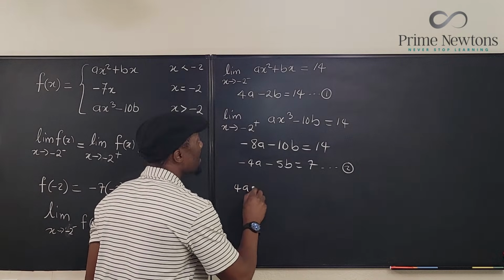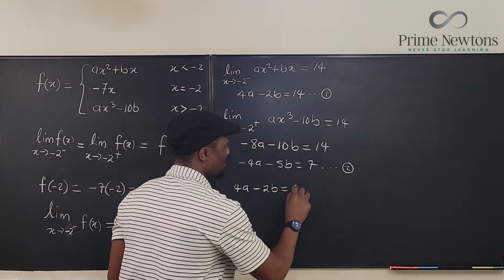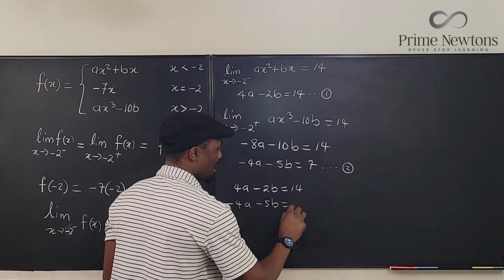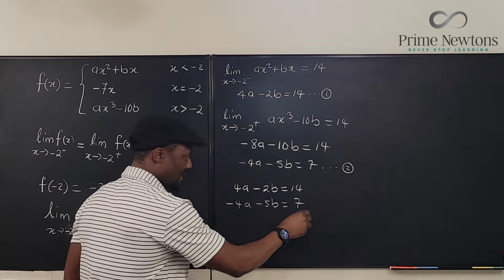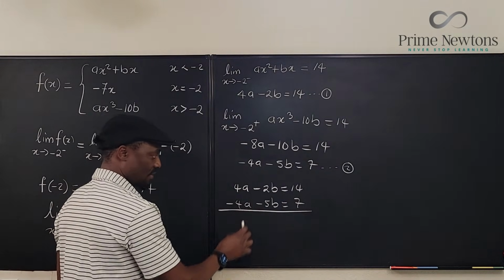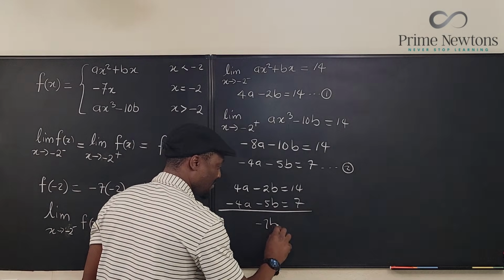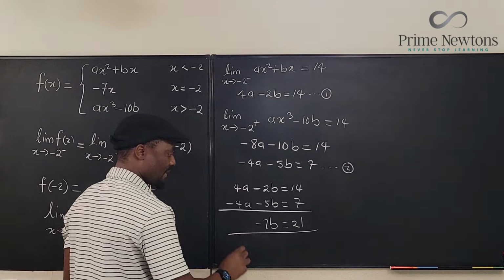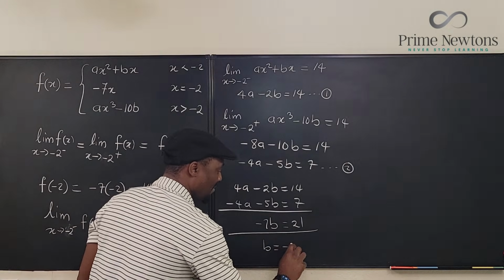You have 4a minus 2b equals 14, and minus 4a minus 5b equals 7. If I add the two equations together, the a terms go to 0, and this is minus 7b, and this gives me 21. This implies that b equals -3.